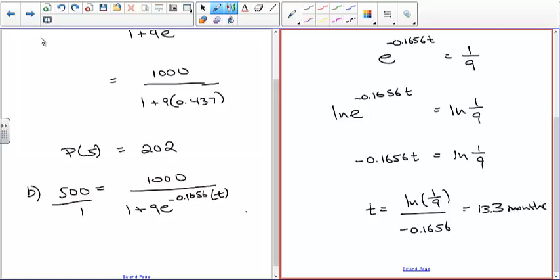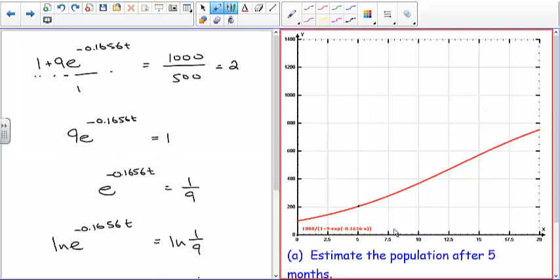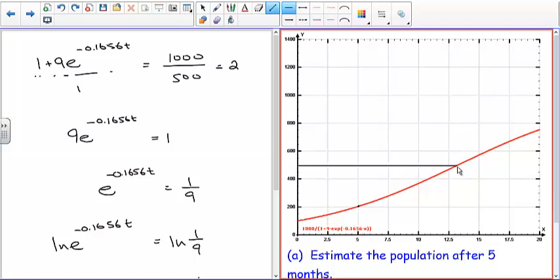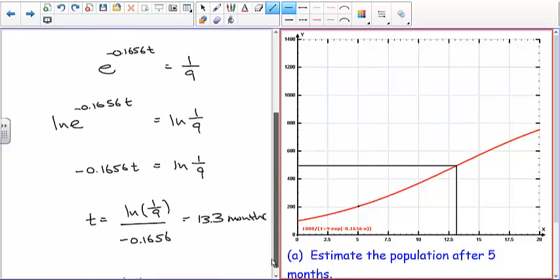Again, we can check on the graph here. Here's 500, we go over horizontally to there, and then we go down. This is 12.5, so it's a little more than 13, and we got just a little more than 13.